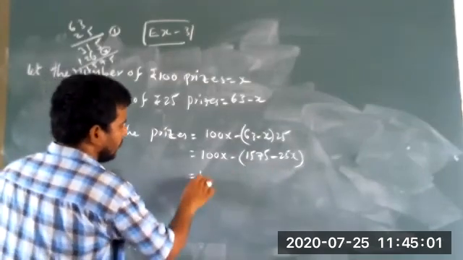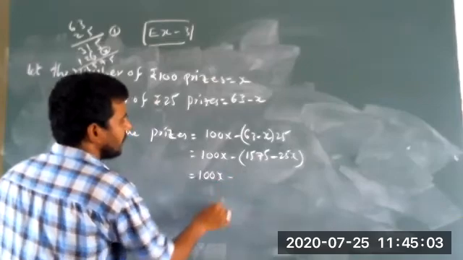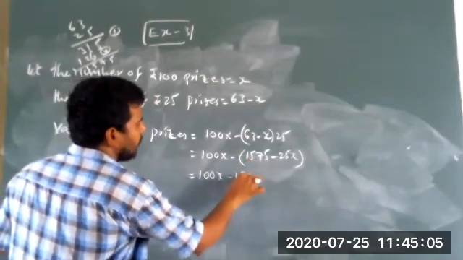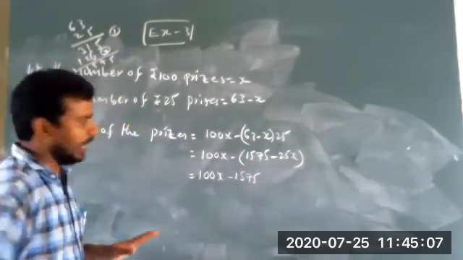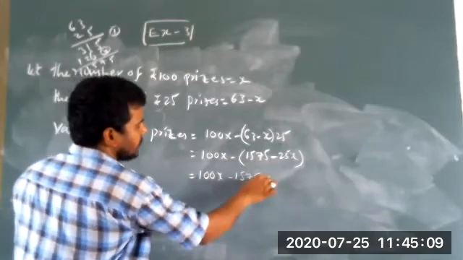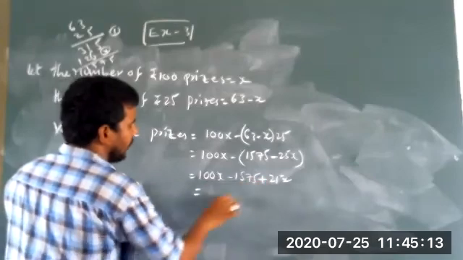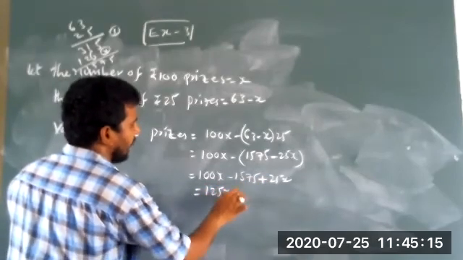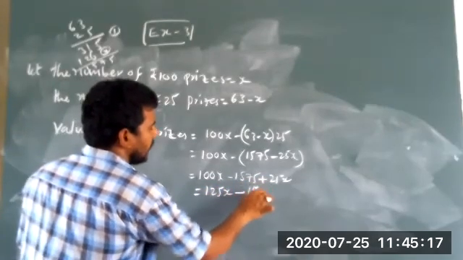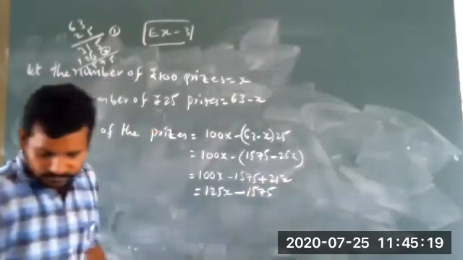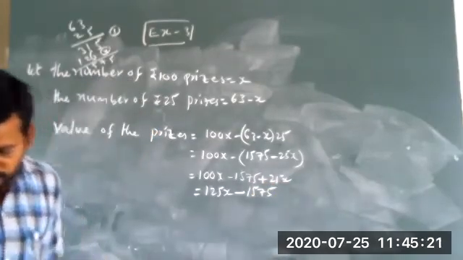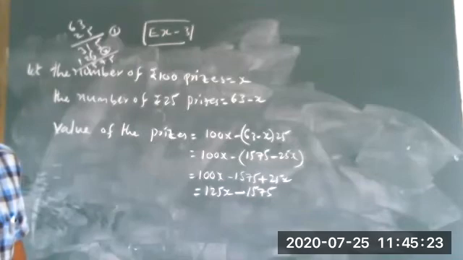Now open this bracket: 100x minus 1575, that means minus into minus is plus 25x. 100x plus 25x, total how much? 125x minus 1575. Clear, children?